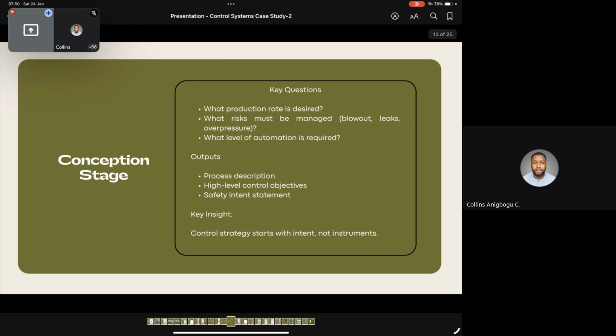So at the conception stage, when the owner of the plant comes to you as a control system engineer and says, hey, I need to build, I'm working on this project. I just acquired an oil mining license. I want to start producing the oil. The regulator says that I must produce the oil efficiently. I must protect the environment. I must protect people. That is, my health, safety, and environment is critical.